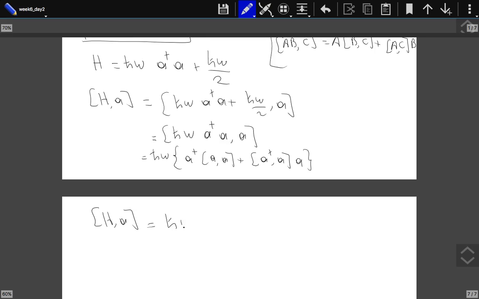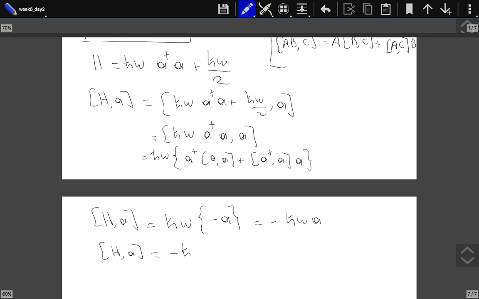H a is equal to h bar omega. Well, you see, every operator commutes with itself. a commutator with a is 0. Well, the second operator, we had already calculated. The commutator of a dagger and a is minus 1. So minus a. So this is minus h bar omega a.